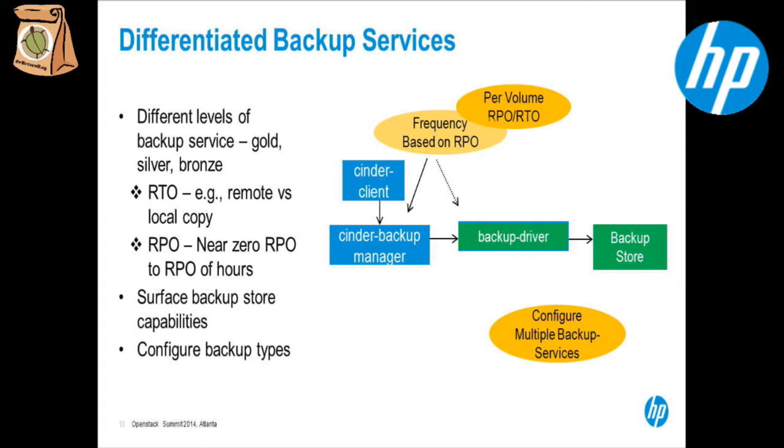So what essentially needs to happen is Cinder should provide interfaces to surface the capabilities of different backup systems, and also provide the ability to configure different backends based on their capabilities.